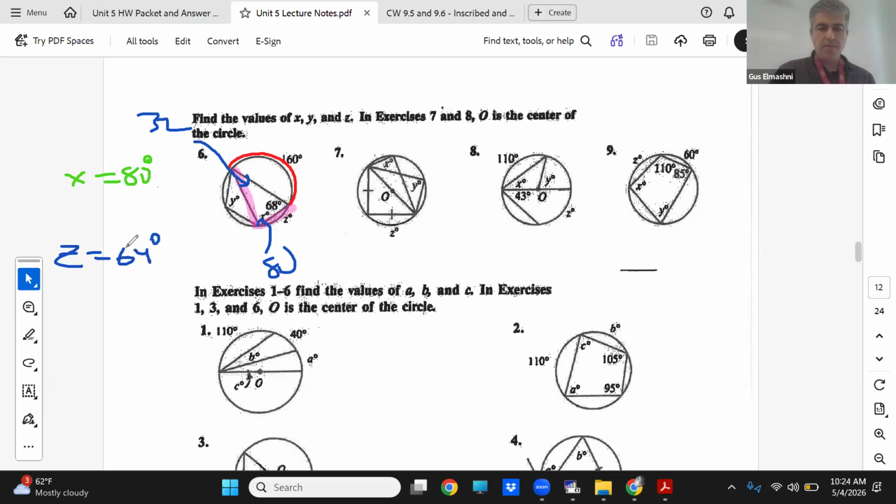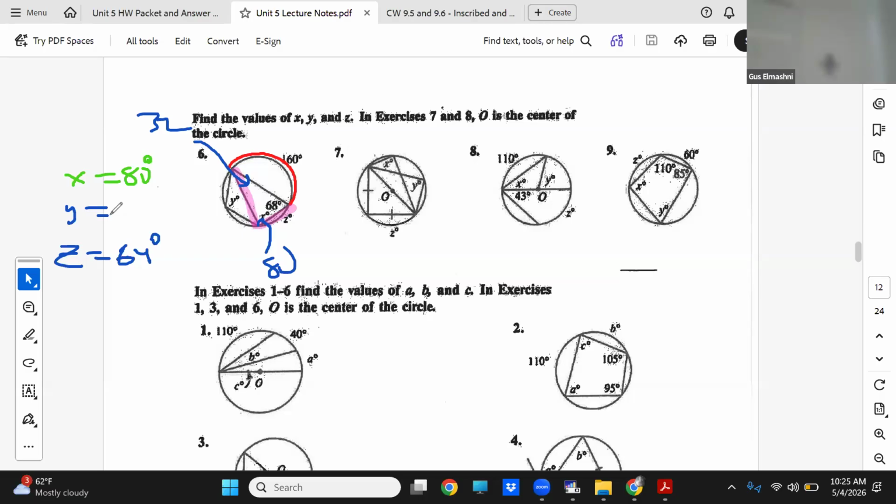And then the line is 136. How do I know that's 32? Because these two angles have to add to 180, you know that for a triangle. And then if that's 32, this has to be 64 because this angle intercepts B.